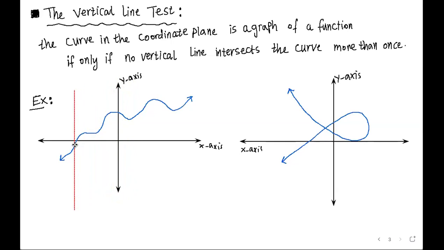Every time, the line intersects the curve at only one point. This means this curve is a graph of a function. Okay? Makes sense? So I have a red line, a vertical line. I move this line over all of the curve and see it intersects the curve at only one point. Because it intersects the curve at only one point, this curve is a graph of a function.